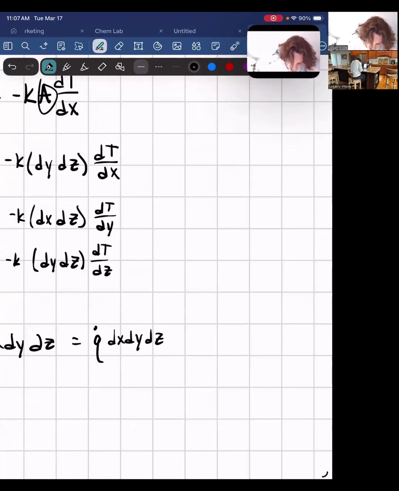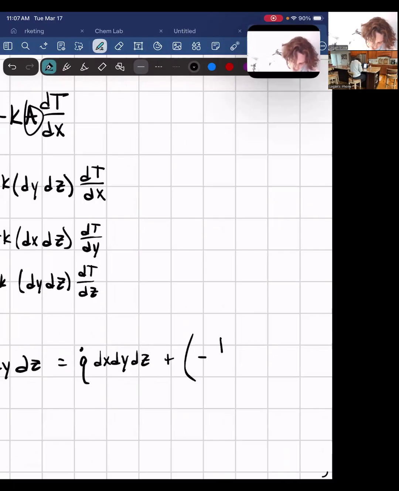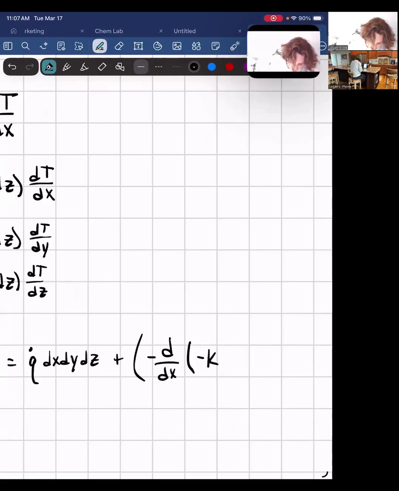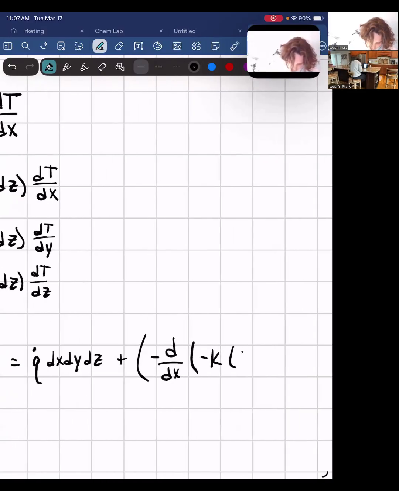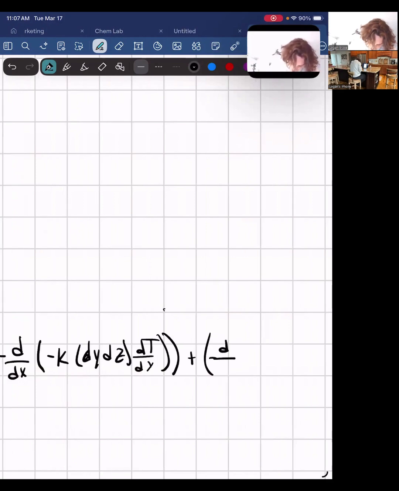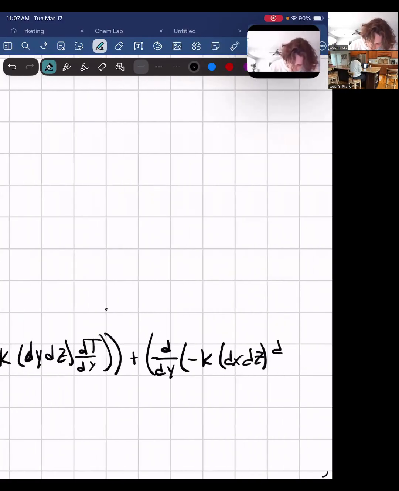So we have plus, and then it'll be minus d/dx times minus k dy dz dT/dx, plus the y direction, minus d/dy of minus k dx dz dT/dy.